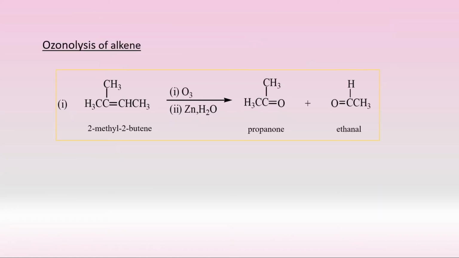Aldehydes and ketones can be prepared through ozonolysis of an alkene. For example, 2-methyl-2-butene undergoes ozonolysis to produce propanone and ethanal. This reaction is an oxidative cleavage of alkene where the double bond carbon-carbon breaks to form carbonyl groups.